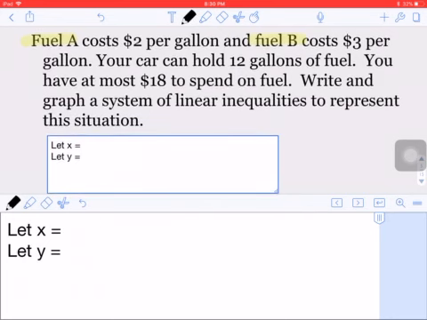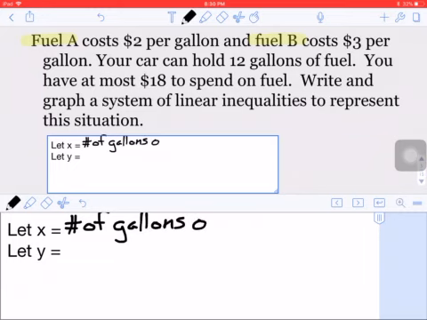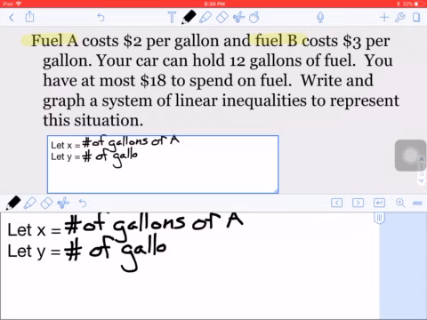Okay, so let X equal the number of gallons of fuel A, and then we'll say let Y equal the number of gallons of fuel B. Okay, so we have our X and Y identified.